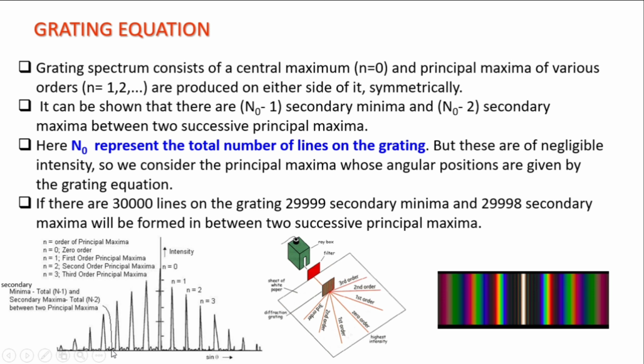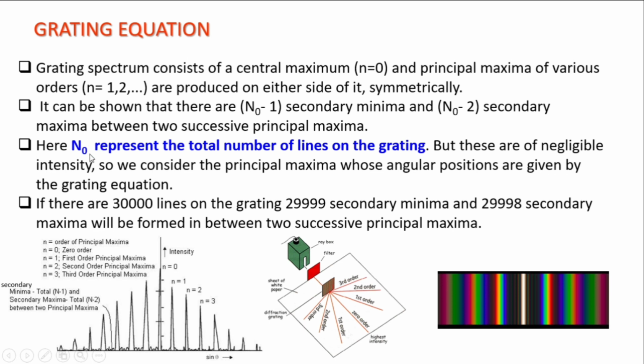For example, capital N0 represents the total number of lines on the grating. What was capital N? Number of lines per unit length. Number of lines per unit length times the total length of the grating is N0, the total number of lines in the grating. So N0 and N are different.